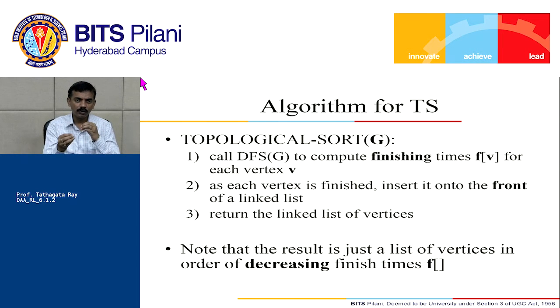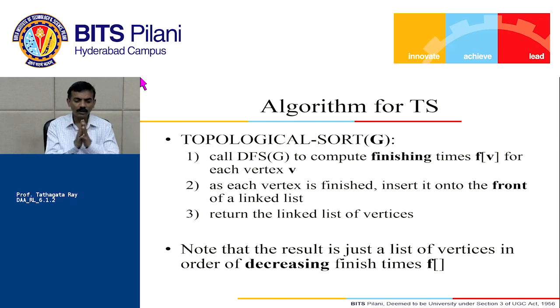Every time you go to a new neighbor, which is colored white, if you recall, you give it a discovery time, that is when it got discovered. Once you visit it, you mark it as gray, and then you go to its neighbor. When all of its neighbors have been explored, you mark it black, and you give a finish time to it.